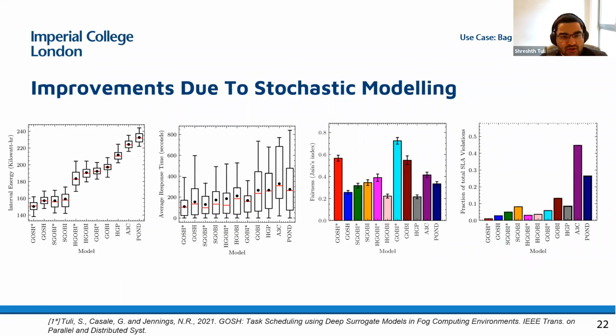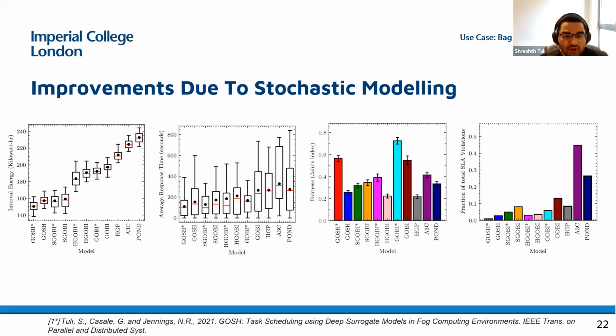And this is shown by these figures here. This new model that uses NPNs, what we call GAUSH, outperforms even Gobi and Gobi star methods, thanks to the stochastic modeling and improved surrogate estimates. And this translates to lower energy consumption, average response time, and even lower fraction of SLA violation rates.